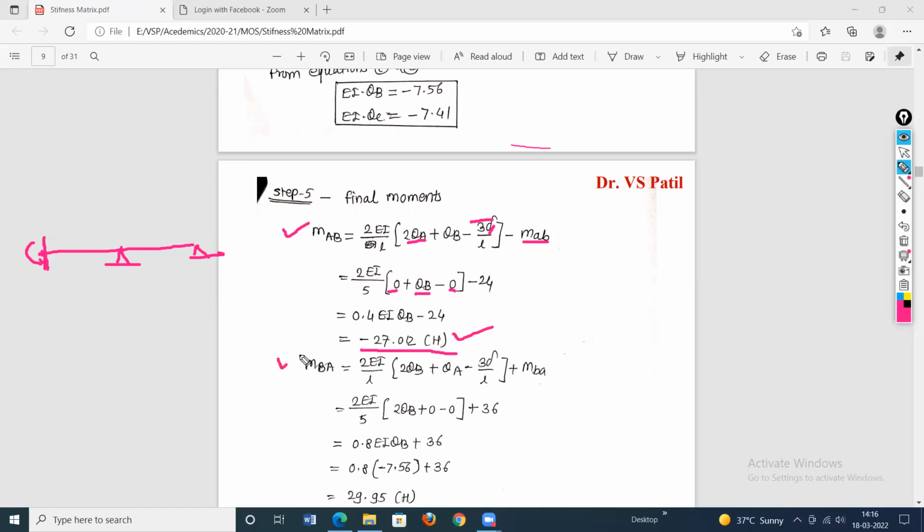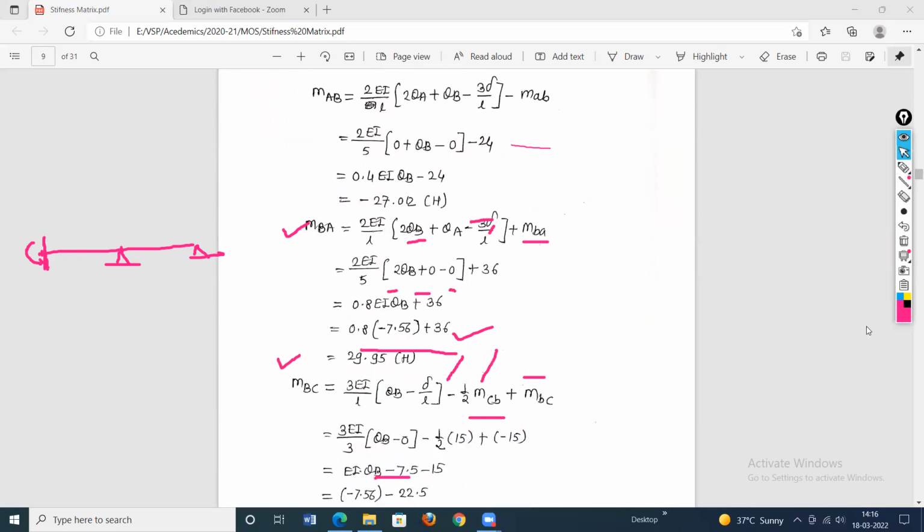Similarly, write the equation for MBA now. The equation is 2 EI by L, 2 theta B plus theta A minus 3 delta by L, plus the fixed end moment MBA. MBA is determined already in the above step, so its value is plus 36. Delta value is 0, and the slope at A is 0, so only EI into theta B remains. Substitute the value, minus 7.56.